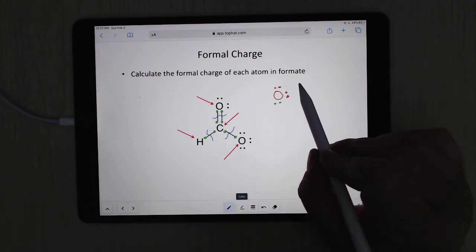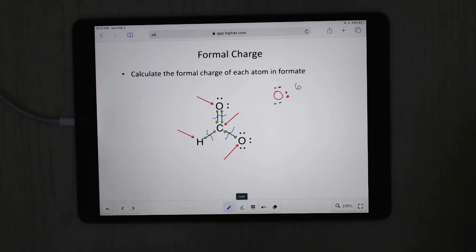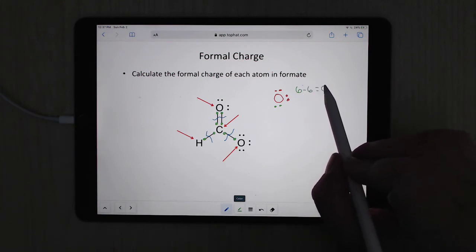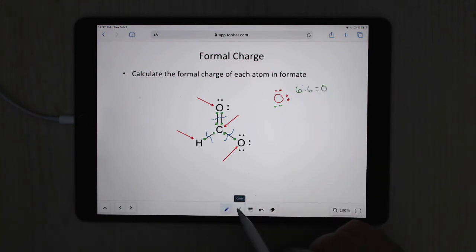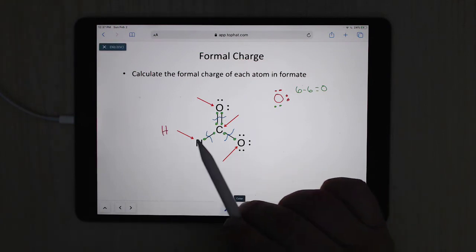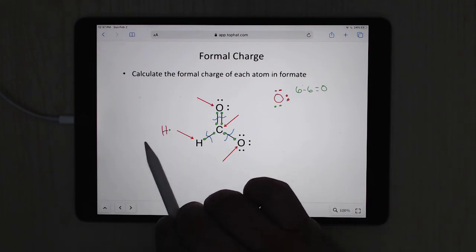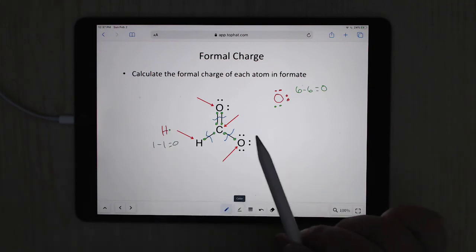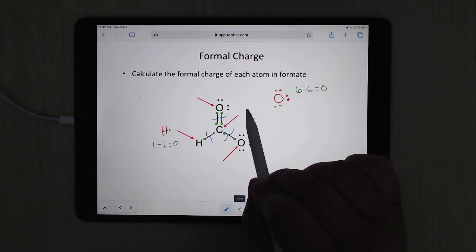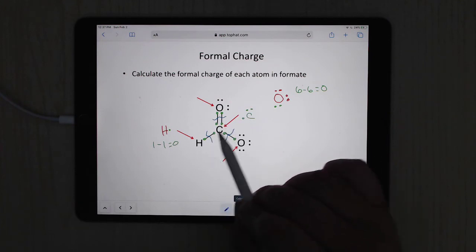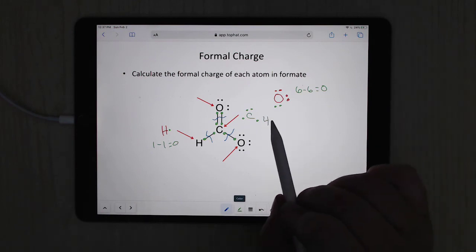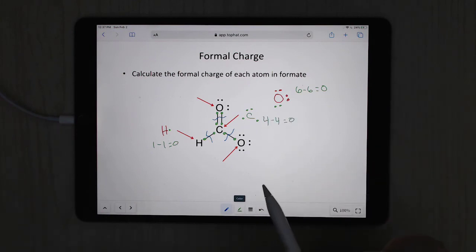Oxygen has 6 normally, and now it has 6, so the difference is 0. Same for that hydrogen. The hydrogen has one from this bond, so it would be 1 minus 1 equals 0. This carbon has 1 from each one of these bonds, and it would normally have 4. If you count over, it's 4 minus 4 equals 0. And this is a pretty boring molecule.